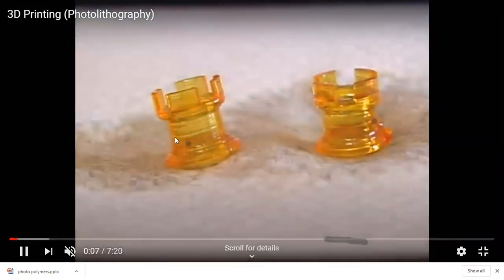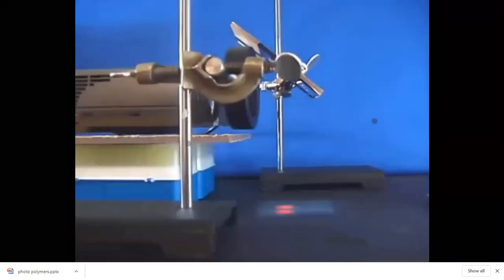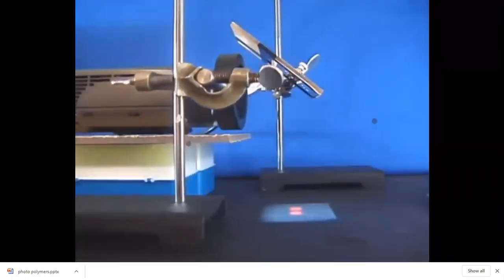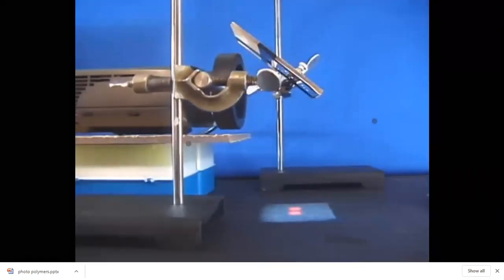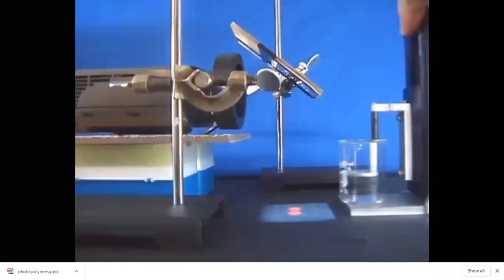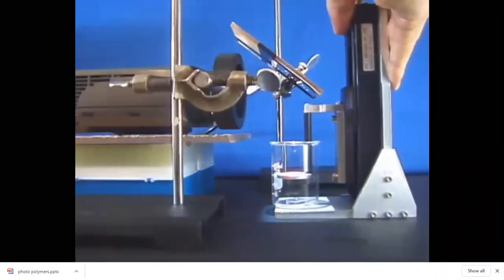These are the products produced by using these photolithography operators. That is the UV light passing through the mirror. That is the liquid resin.